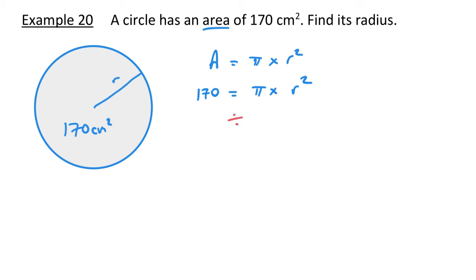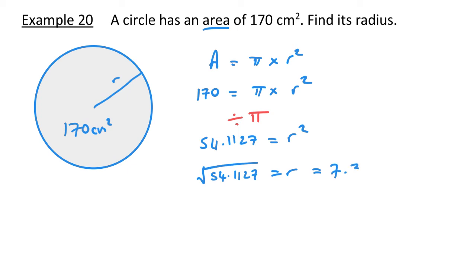If we divide through by pi, that will leave r squared on its own. So we'll have 54.1127 equals r squared. Then if we take the square root of both sides, we'll get r, which works out to be 7.36 centimeters to 2 decimal places.